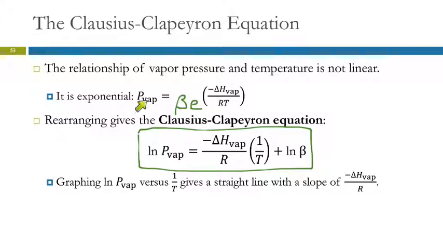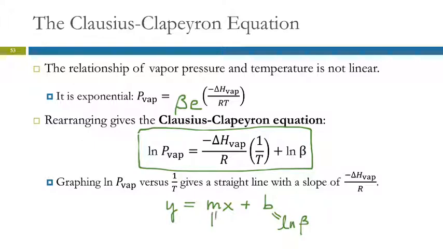So we can take this exponential equation, and by taking the natural logarithm of it and rearranging it, we can get it into the form of a line where y equals mx plus b. The intercept is equal to the natural log of the constant.